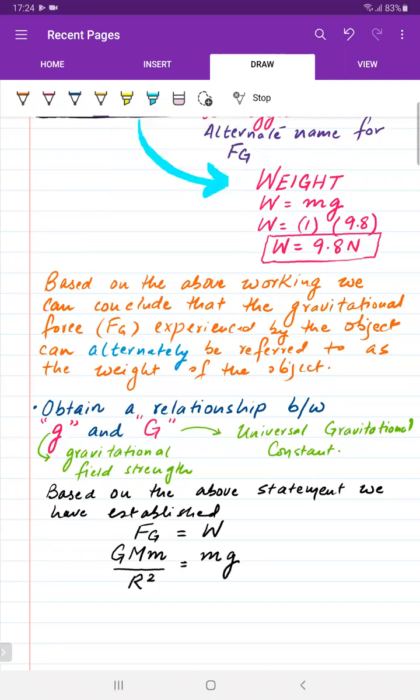So the mass will get cancelled out from both the sides, and the relationship between capital G and small g can be expressed as follows.